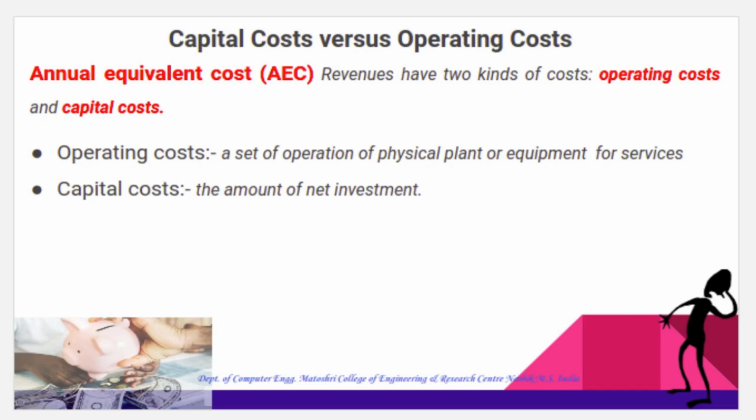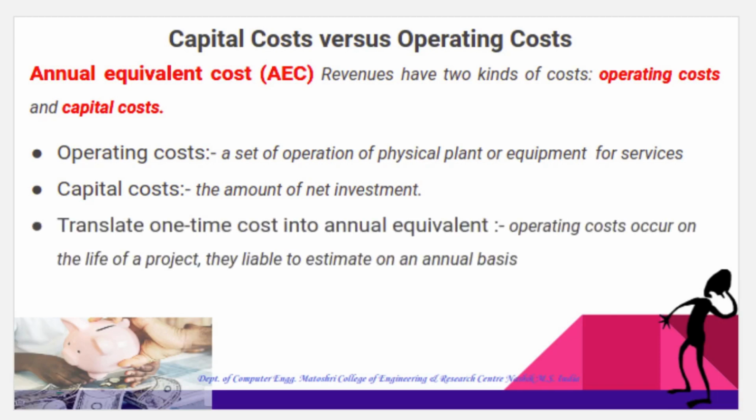Normally, capital costs are non-recurring, that is one time. We call it a one-time cost, whereas operating costs recur for as long as an asset is owned. Because operating costs recur over the life of a project, they tend to be estimated on an annual basis.